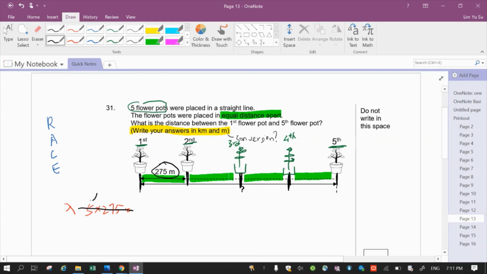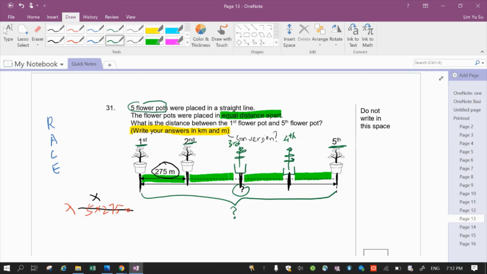This is not correct, because if you have really understood this question, asking the distance between the first flower pot, like how the question mark is here, and the 5th flower pot, you must look at what 275 meters means. As to how the model is drawn here, I use the green highlighter to show you. 275 meters shows you the space between the first flower pot and the second flower pot, highlighted in luminous green.